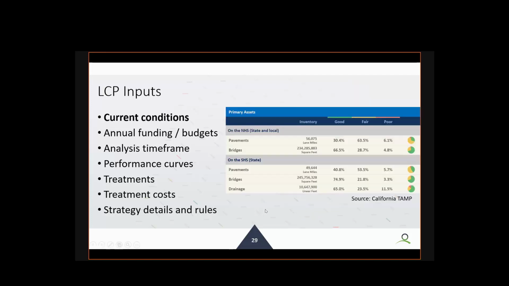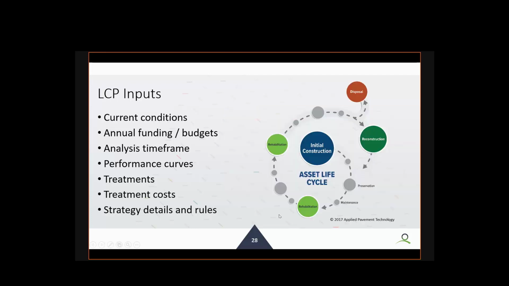Actually, I'm sorry, go back to that slide. I want to make one more point. One thing I want to point out in the graphic on the right is that it demonstrates this idea that an asset moves through its life cycle, and over time, assets will deteriorate under exposure and traffic loading, but work can be performed on those assets to improve the conditions. So at different points in an asset's life, there are different types of work that you can deliver to address the needs of the asset at that time, right?